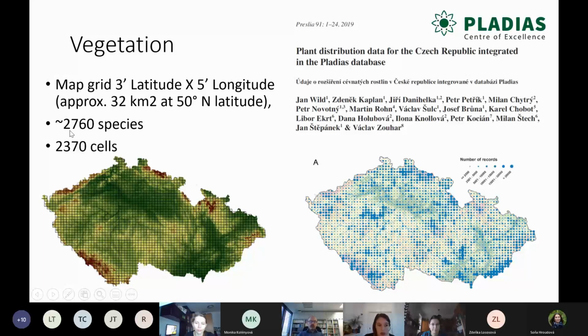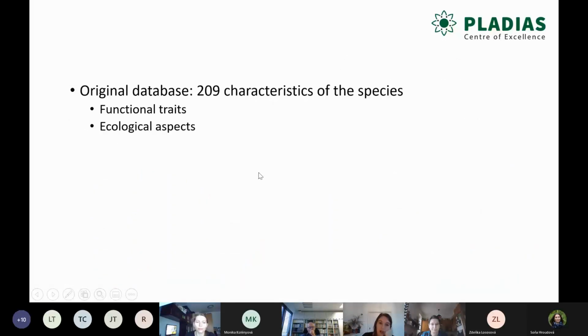So around 2,700 species, 2,300 cells. What else did we have? We also had characteristics for the species, a list including functional traits and other ecological aspects. For example, where the species come from or which type of habitat it lives in.